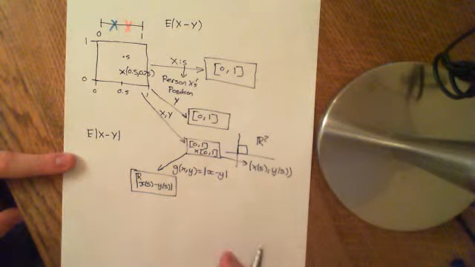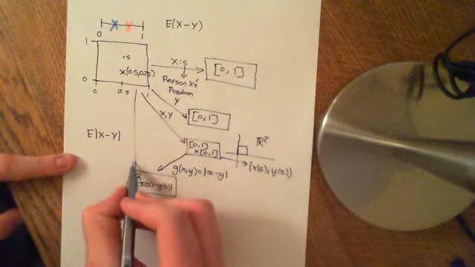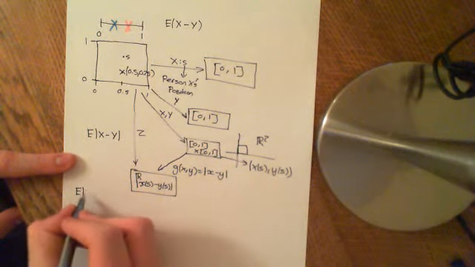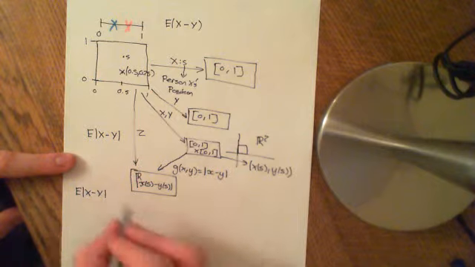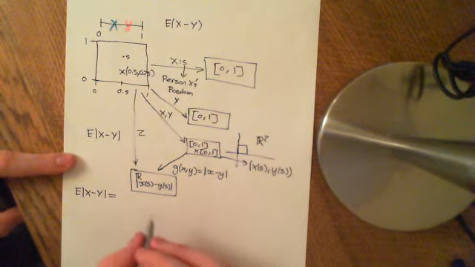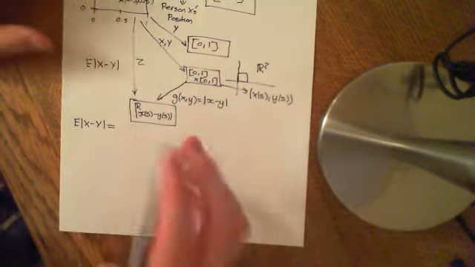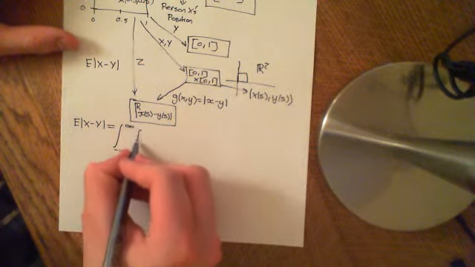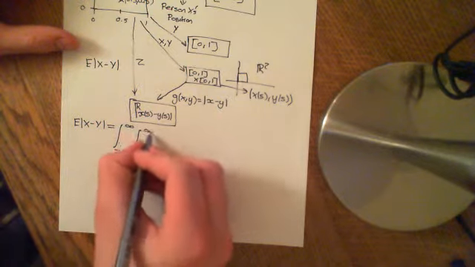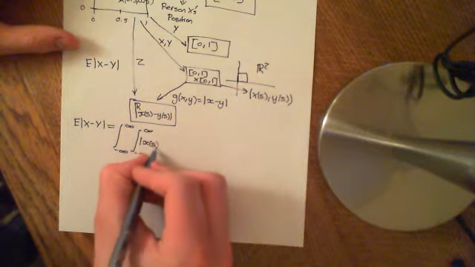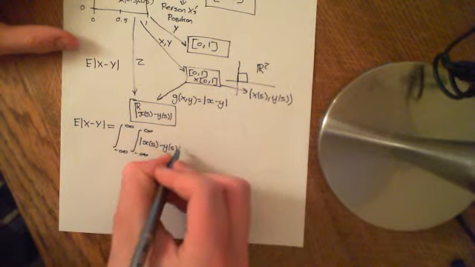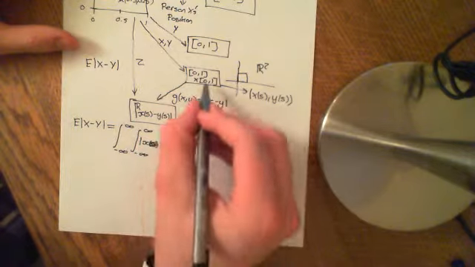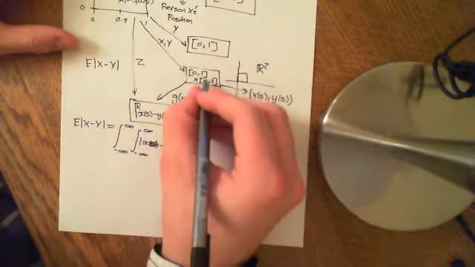If we view this now as the random variable z, then what we want to work out is the expected value of z, i.e. the expected value of the modulus of x minus y. By the law of the unconscious statistician for bivariate distributions, this is equal to the integral from negative infinity to infinity of the integral from negative infinity to infinity of the modulus of x minus y, because we're integrating over R2, times the probability density function.